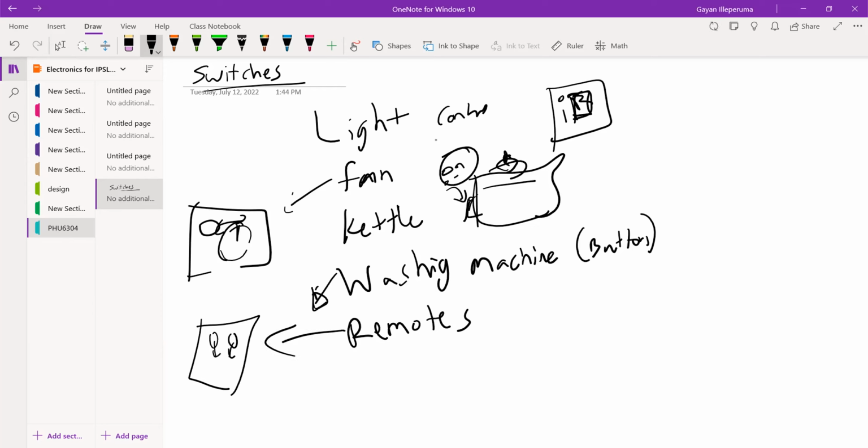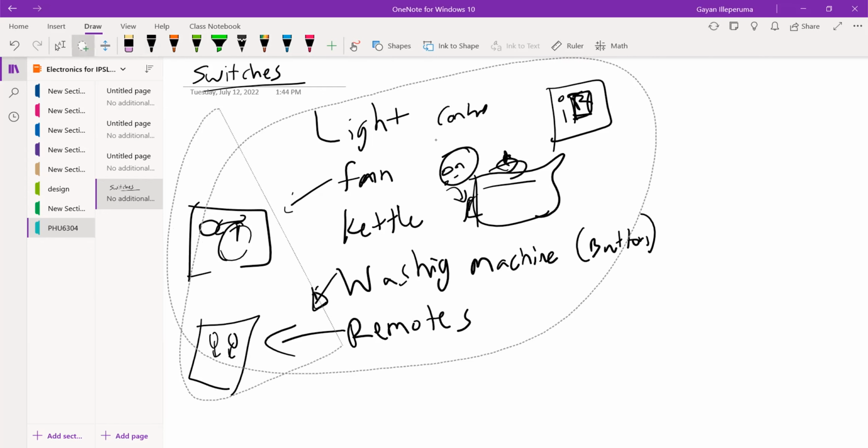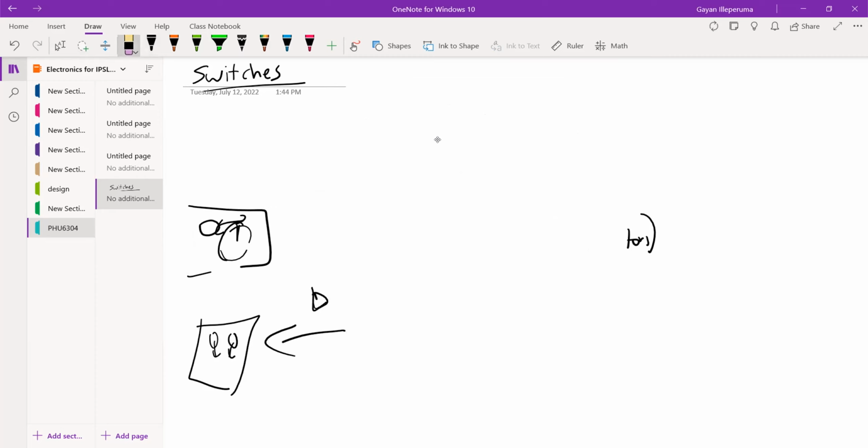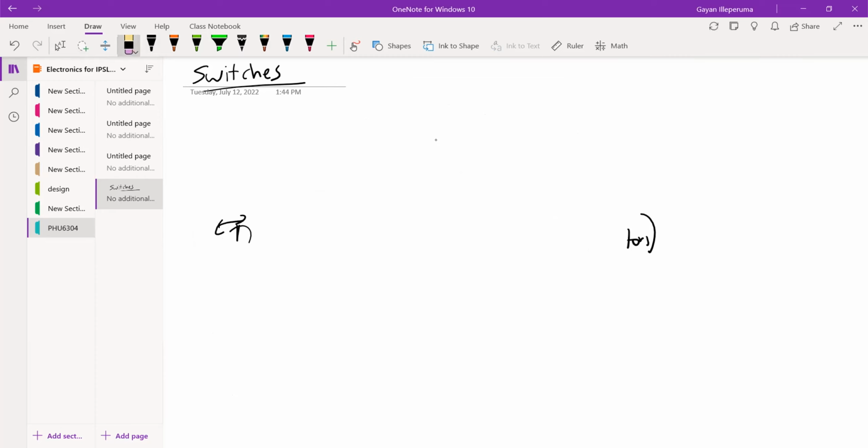Remotes, most of the time, also have the same type, right? So you can say, although we say switches, there are so many varieties of switches, and they all have their own advantages and disadvantages, different use cases. So we'll start with something very simple.